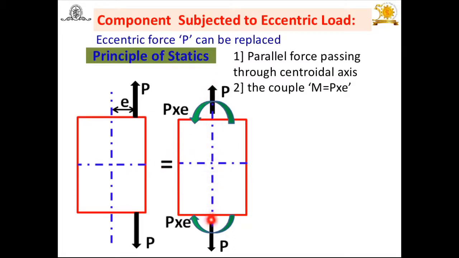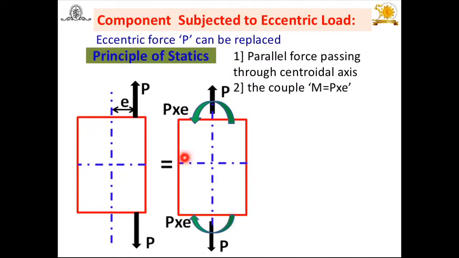I have shown this force at the centroidal axis, and along with it a couple, P into e, is going to act. So this diagram is equivalent to the eccentric load condition, prepared using the principle of statics. That means the parallel force passes through the centroid along with this couple P into e.